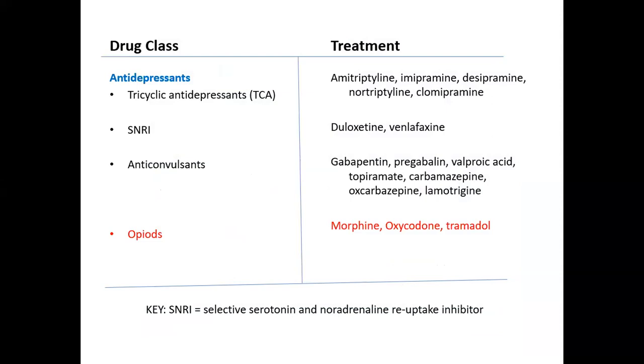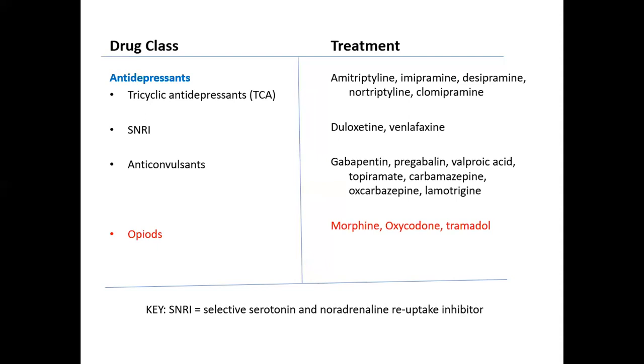Imipramine on and off, desipramine also on and off. SNRIs, duloxetine, fluoxetine, venlafaxine are also available, but you can also use anticonvulsants. Things like Tegretol, carbamazepine, I know you have them, gabapentin, pregabalin, lamotrigine. Phenytoin can also be used. Think of any anticonvulsants.